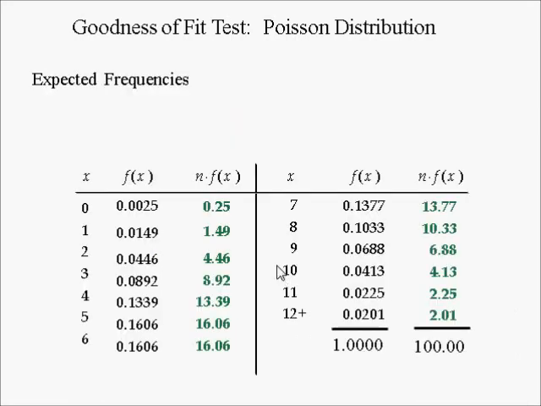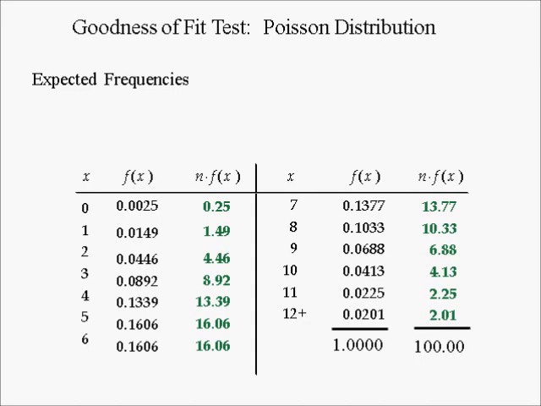Okay? Now, go back for a second. Notice the expected frequency here is only 0.25. The expected frequency of 1 is only 1.49. The expected frequency of 2 is 4.46. Now remember, in order for a goodness of fit test statistic, a chi-square test statistic, to follow the chi-square distribution, the expected frequency in every category has to be 5 or more.